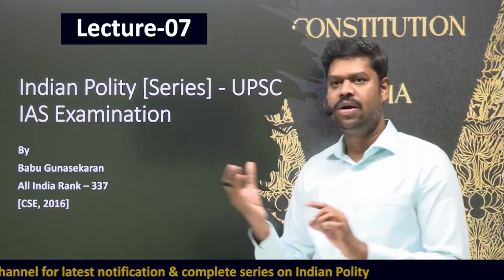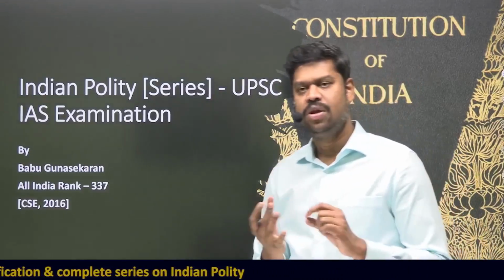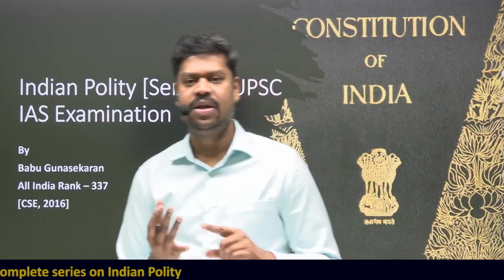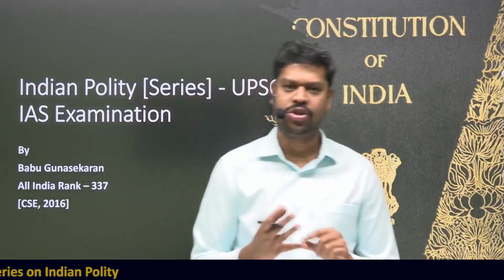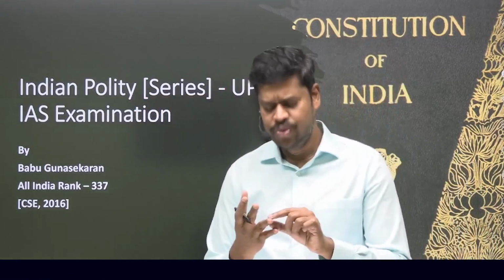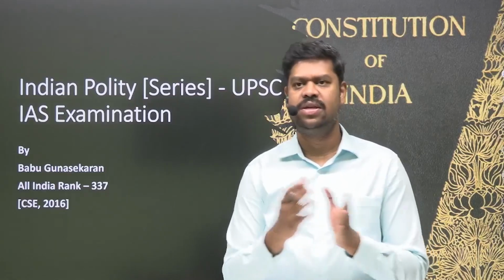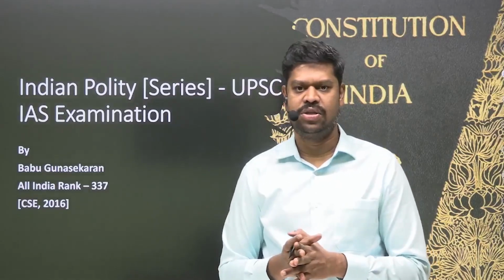Today we'll get into the practice questions, but before I get into them, what are the topics we have covered? We tried to understand what is a constitution, and then we understood that the constitution was drafted by the Constituent Assembly, what was the history and design behind the Constituent Assembly.